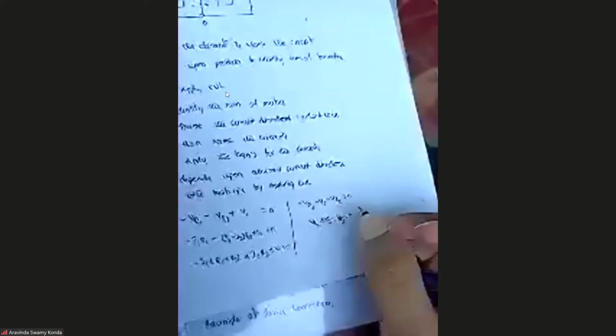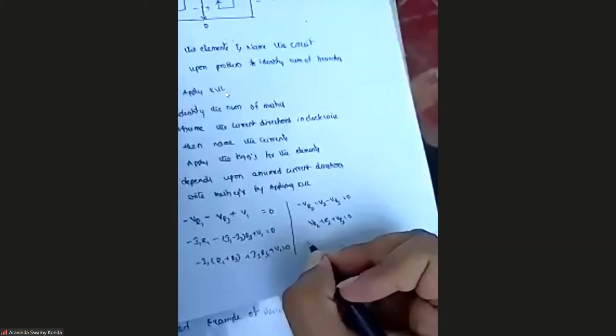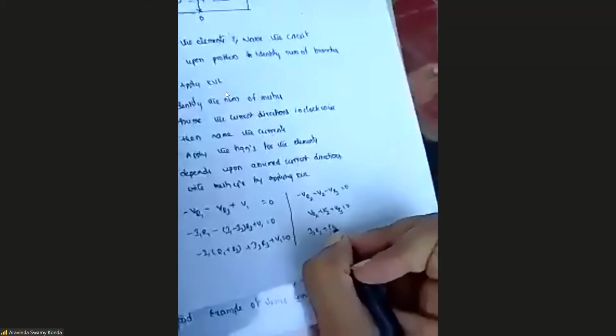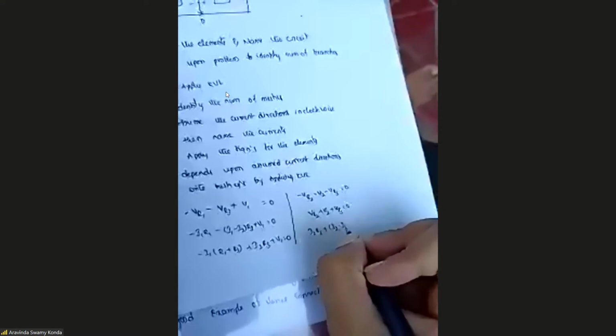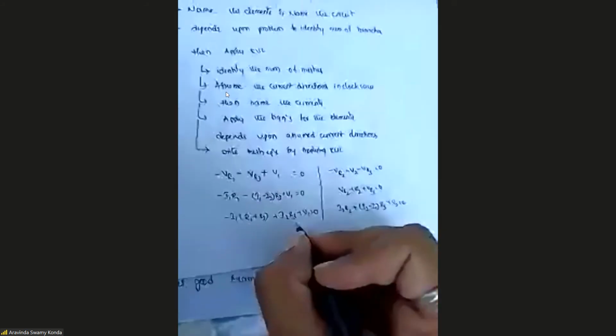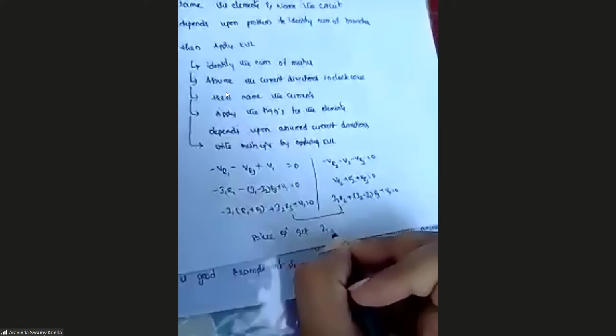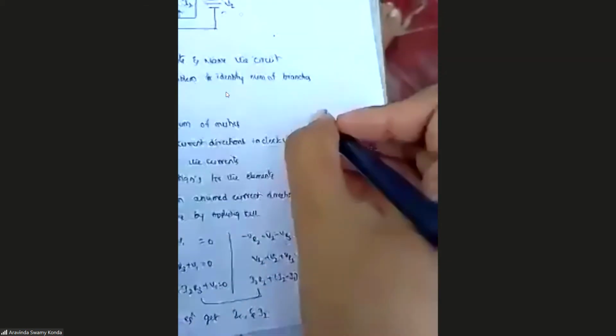Then it is I2 R2 plus (I2 minus I1) R3 plus V2 equal to 0. Then you get two equations in terms of I1 and I2. Solve the equations and you get I1 and I2.